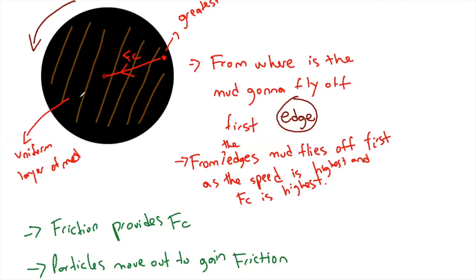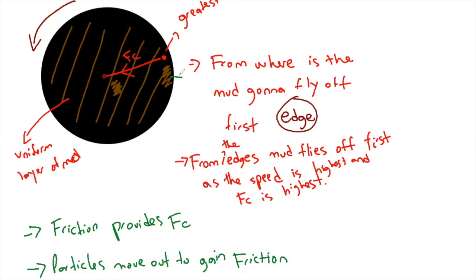Now we know that when I start spinning it, all of the mud wants to move away. It wants to fall off the turntable, right? So obviously this mud right here and this mud right here, both of them want to go away. They want to fall off the turntable.